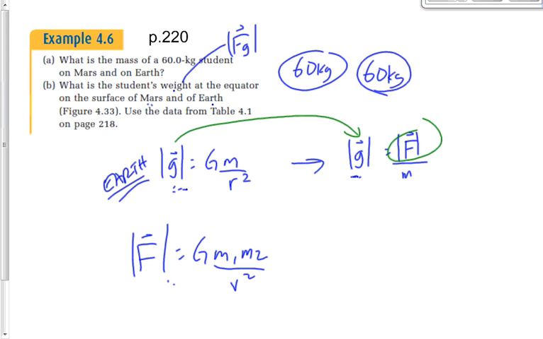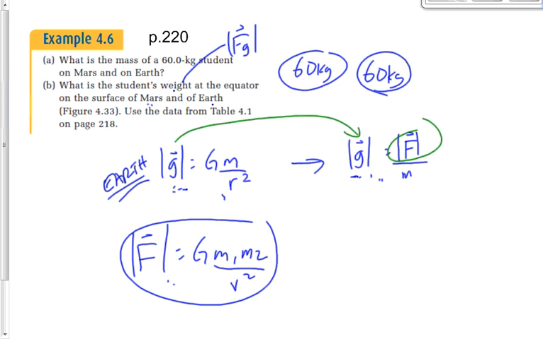Let's just solve for the gravitational force using Newton's law of universal gravitation. If you don't notice that, it's okay to use fields. It's okay to find the field strength caused by the Earth and then the field strength experienced by the student on the surface of the Earth and then set them equal to each other, and do the same thing for Mars. Or we could just go to this equation right away. Is that okay?